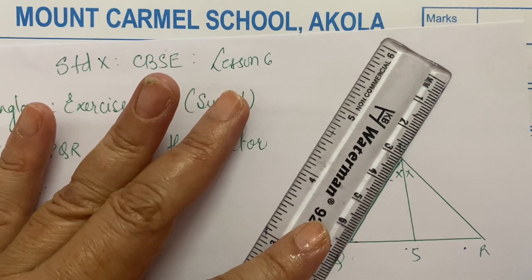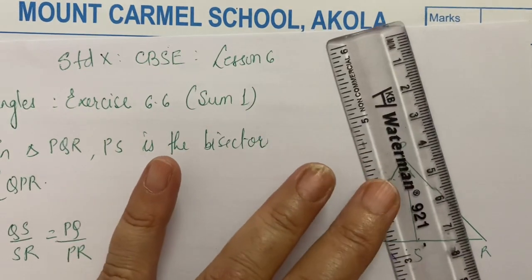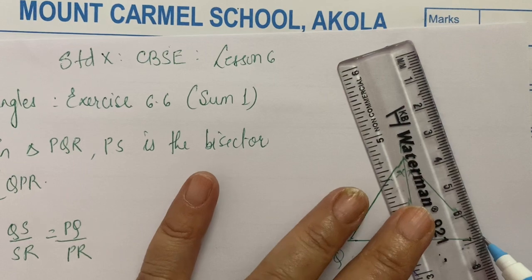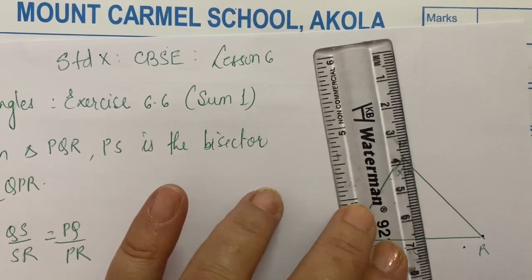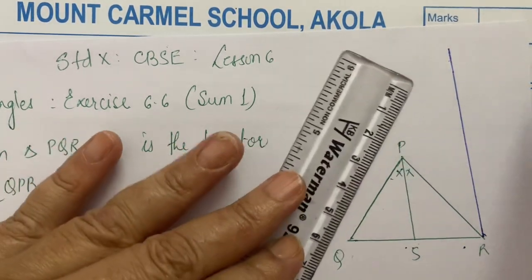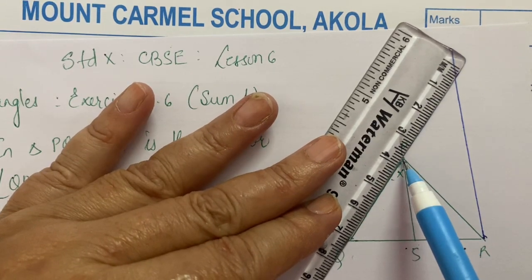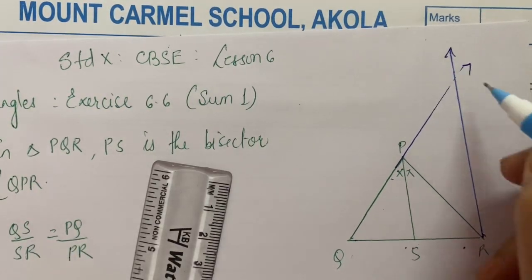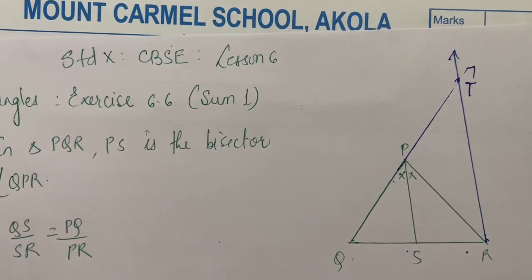Now in this, what we have to do is, we have to draw a line parallel to this ray PS. Okay, so a line parallel to PS, and let it intersect QP in some point, we call this point as T. Okay, so what have we done?